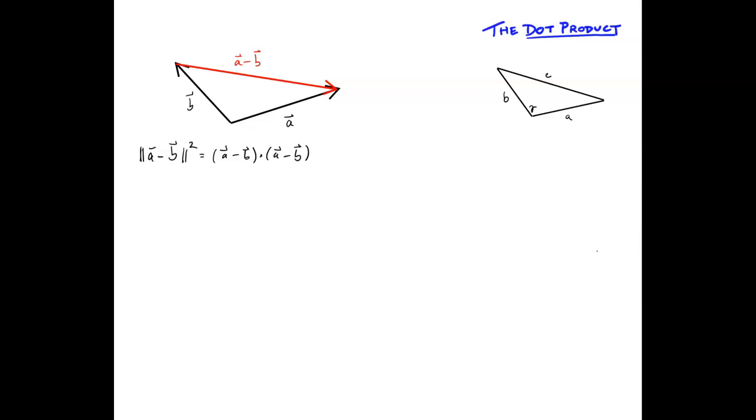And then we would end up having to distribute the dot again. I'm going to leave those details to you, but you should see that when it all works out, we're going to end up with A dot A, but another way to describe A dot A is the square of the length of A. We're also going to end up with minus B dot minus B, but those minuses get pulled through the dot, become a plus, and we get B dot B, and when you dot something with itself, that's the same as squaring the length of that vector.